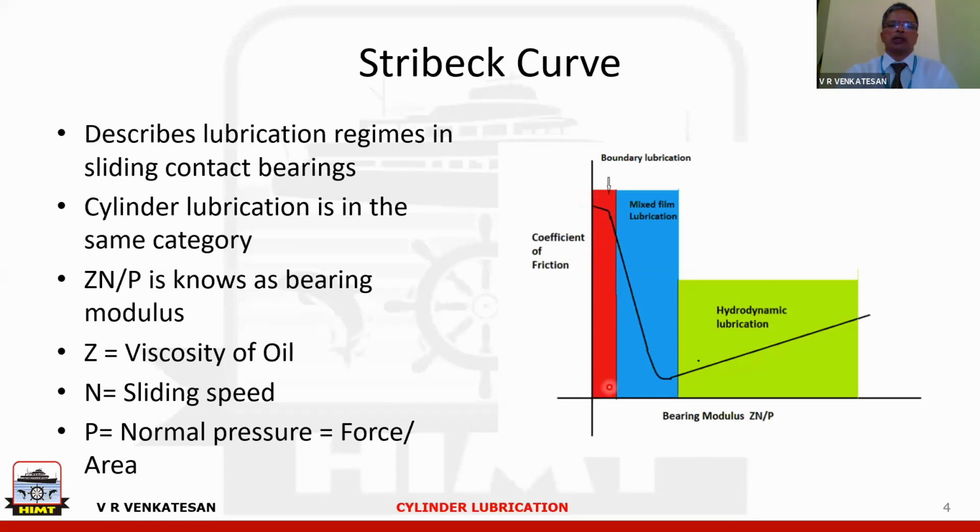As movement takes place with oil, then the friction will start reducing like this. And then somewhere here, once the speed has reached sufficiently high, this oil film becomes enough to support the load completely. So there will be hardly any metal to metal contact and the friction is lowest.